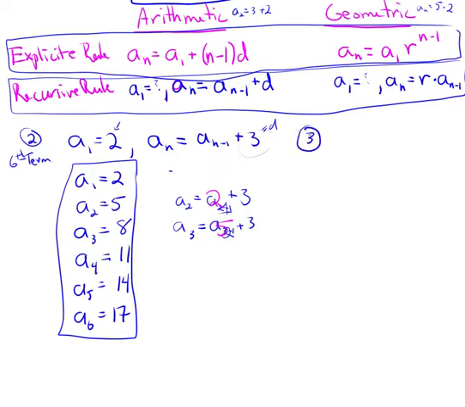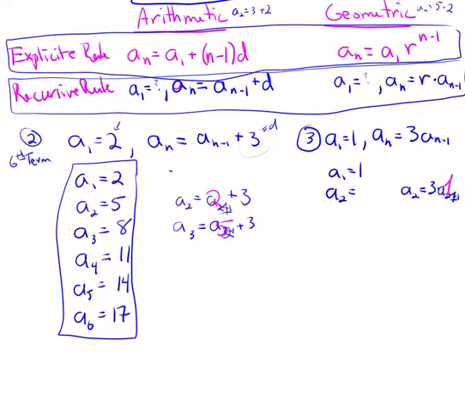For the geometric one, given a sub 1 equals 1 and a sub n equals 3 times a sub n minus 1. So remember, there's multiplication between the term before and 3. We'll start with a sub 1, which is 1. And then to get the second term, a sub 2, we take 3 times a sub 2 minus 1, which is a sub 1, which is 1.